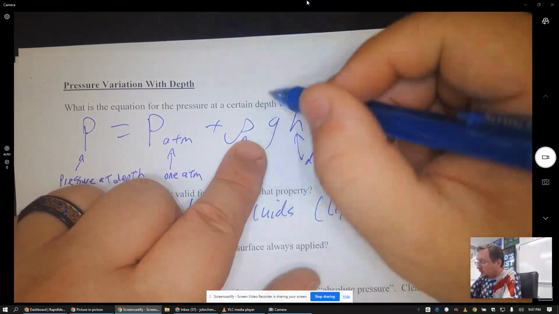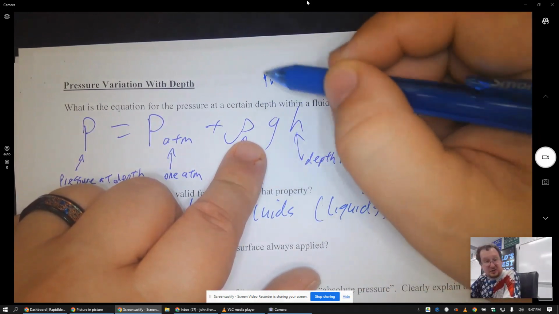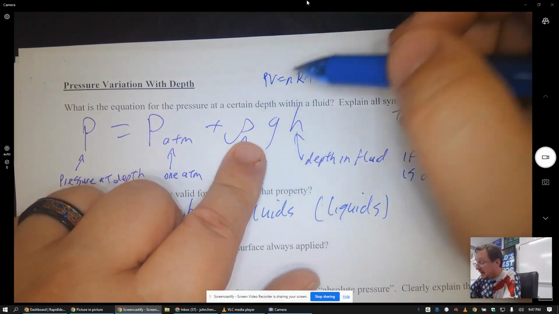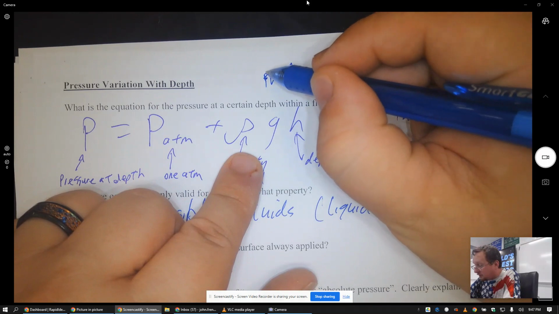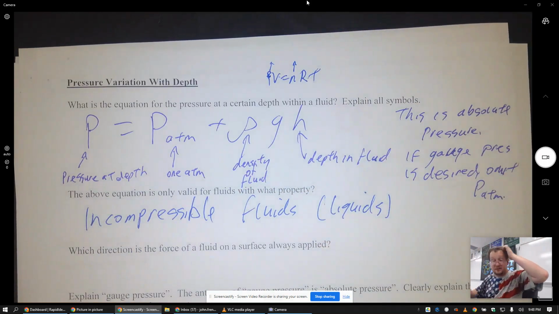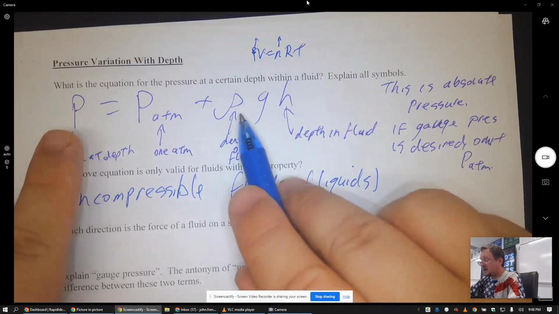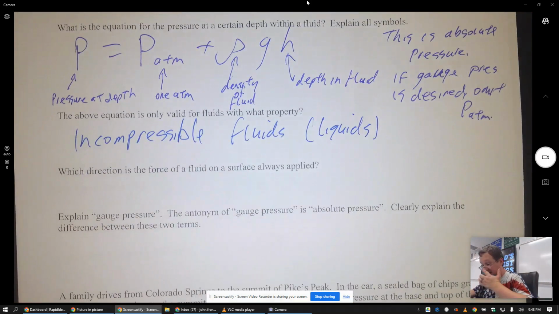That's like your PV equals nRT from the ideal gas law. You don't need to teach your students this in Physics 1, but you may just mention it: the higher the pressure, the more moles there will be per volume, and that changes the density. So it's a more complicated equation because pressure and density depend on each other.